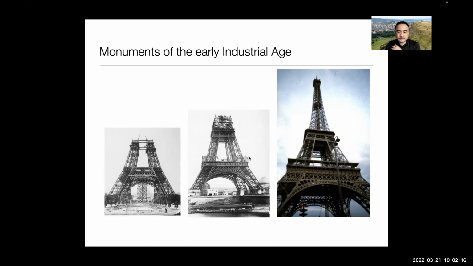The Eiffel Tower. This is the construction, right? How they build. The structure is a frame, truss, what they call truss frame. Truss is when you put small elements and weld them, link them together, right, to form a larger structure.